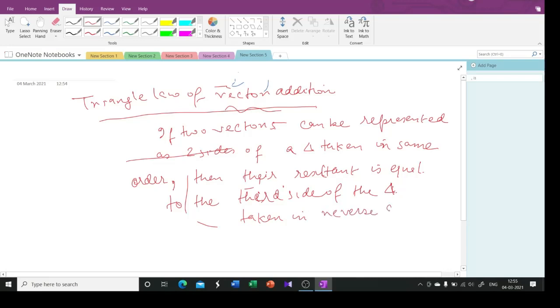This "taken in reverse order" is very, very important. We will come in a second to why. So this is the main concept regarding this.